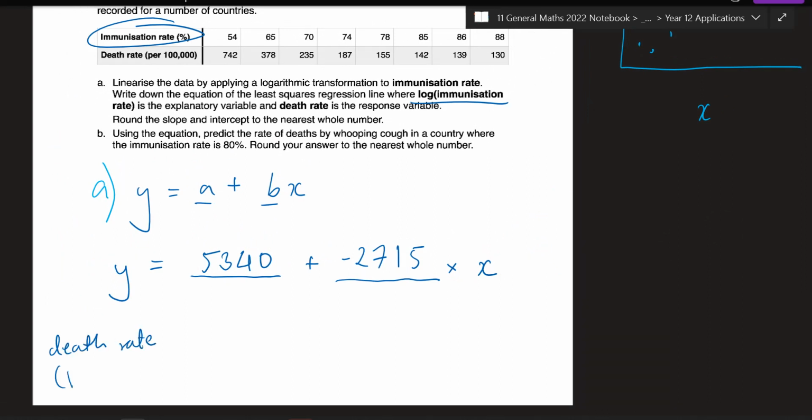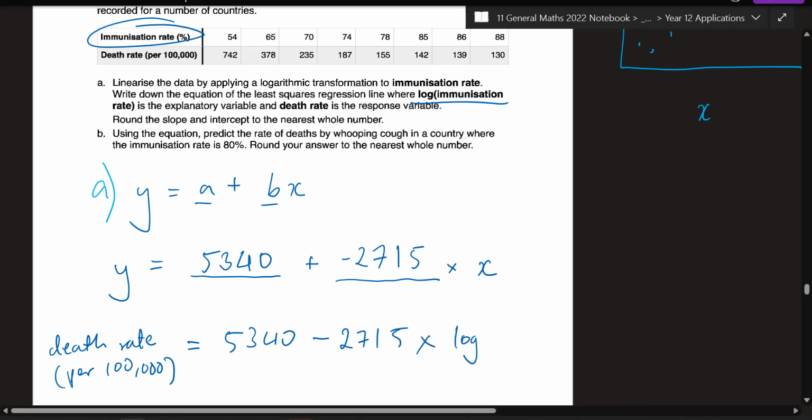And then you can put per 100,000 is equal to 5340 plus negative, or you can just change it to negative as well, 2715 times, remember what you transformed, log of immunization rate.